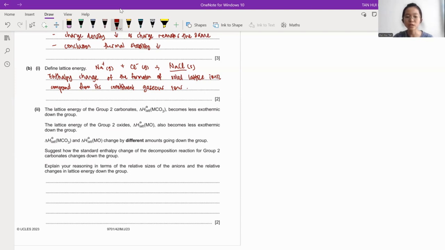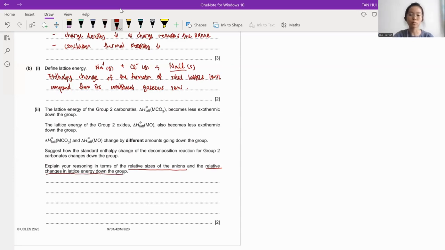Explain your reasoning in terms of the relative sizes of the anions and relative changes in lattice energy down the group. This is actually not a common question in A levels, because now you are talking about the relative sizes of anions and comparing with the relative changes in lattice energy down the group.